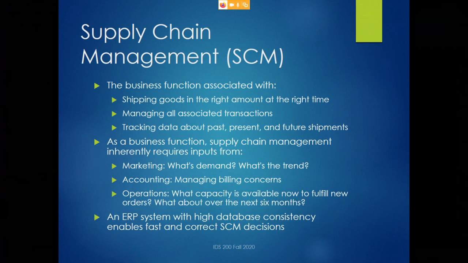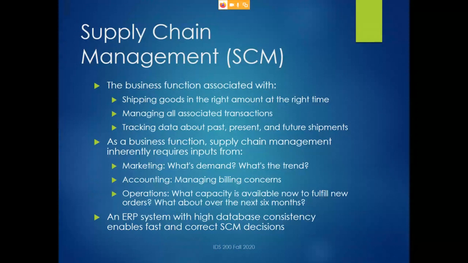And it also tracks lots of data about past, present, and future shipments. So things like doing analysis to figure out which travel routes are the best, which shipping mechanisms are the best, what are expected shipping times, anything that they care to look at: different routes, different weather, different business partners, whatever. Supply chain management looks at all that stuff.